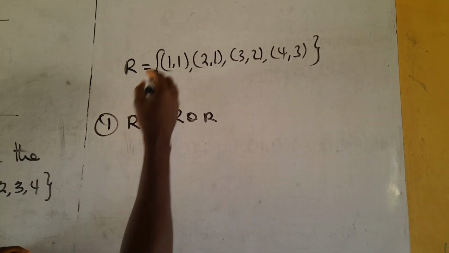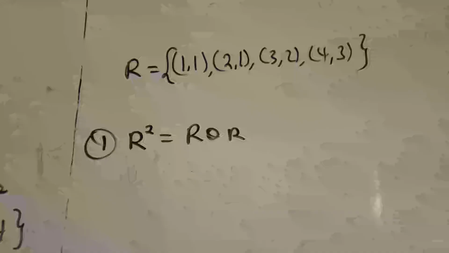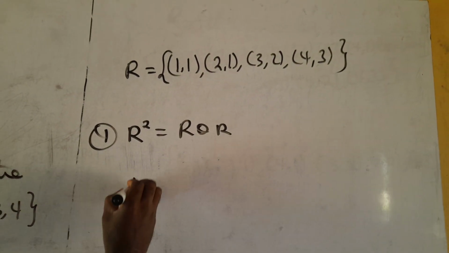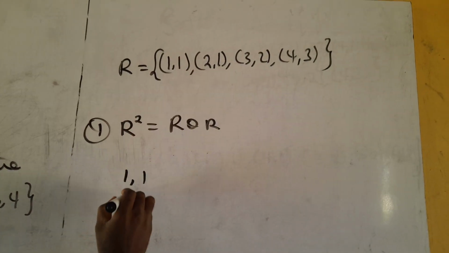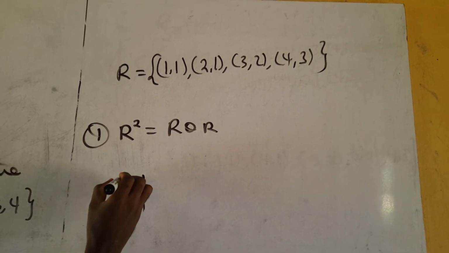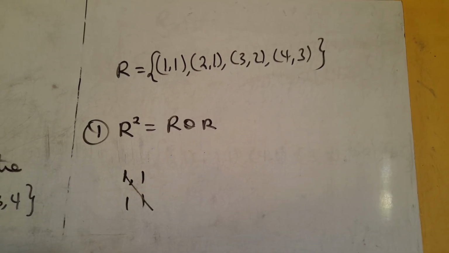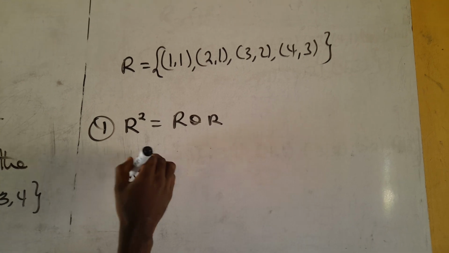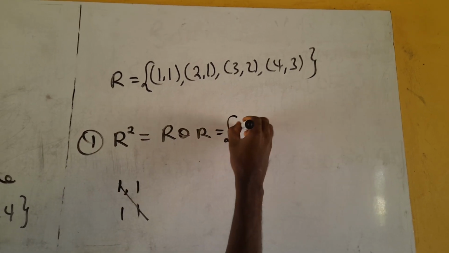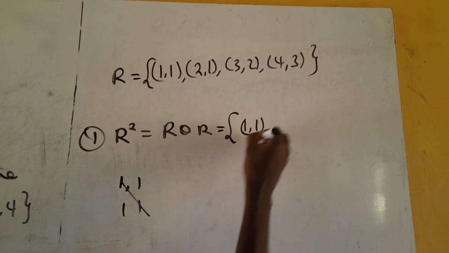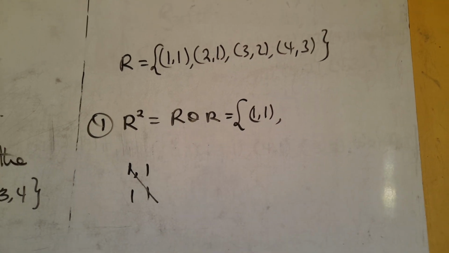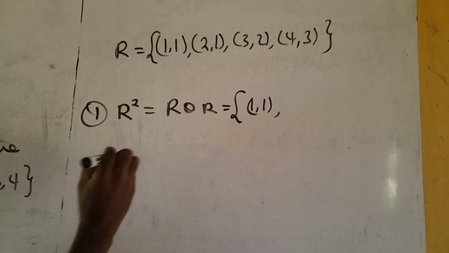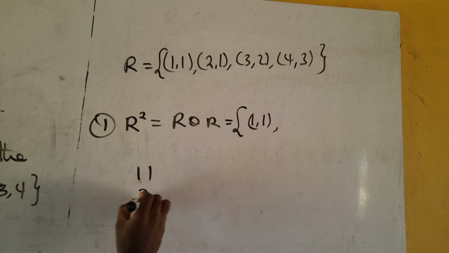So let's go. We take (1,1) against (1,1) itself. You can see that 1 corresponds with this one, then we can have the ordered pair (1,1). We take (1,1) against (2,1).